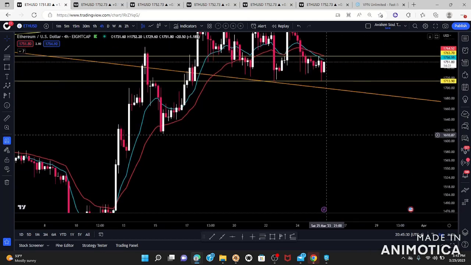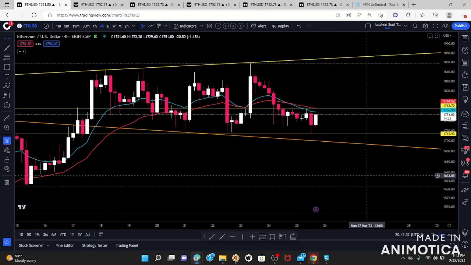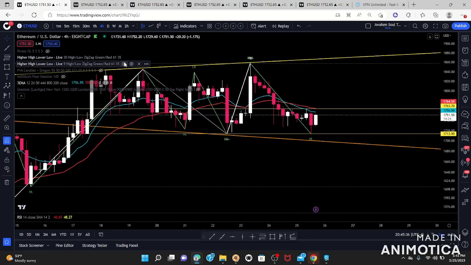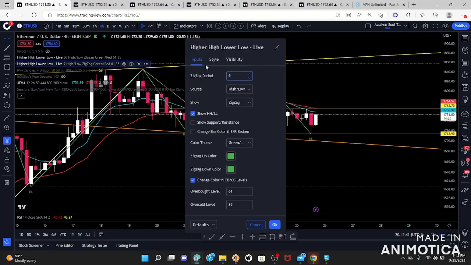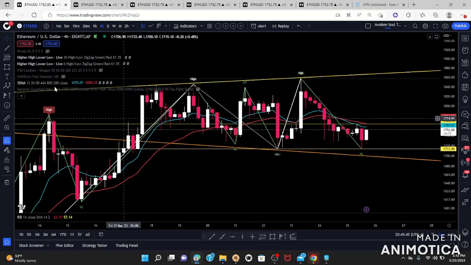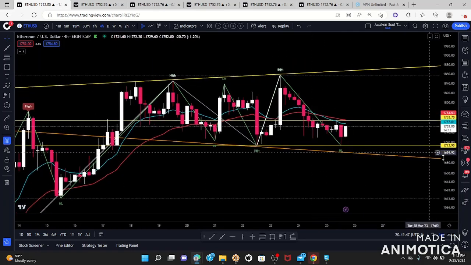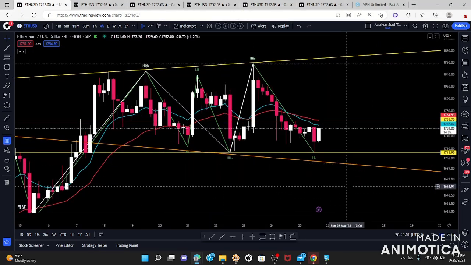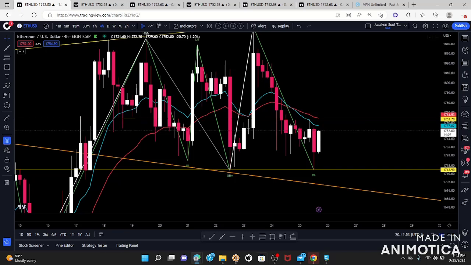Within our 4 hours, I want to set some trend lines. Turn on the higher high, lower low indicator. Let me change this to 6. I just like to see and connect some trend lines, see what's going on, what's happening. So it looks like we're playing with this megaphone here, right?